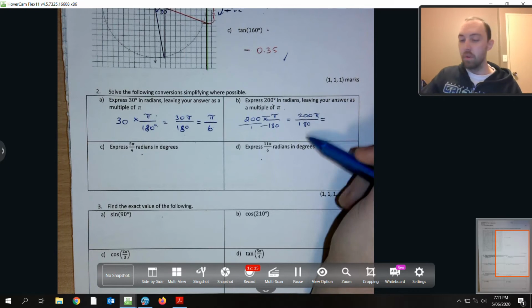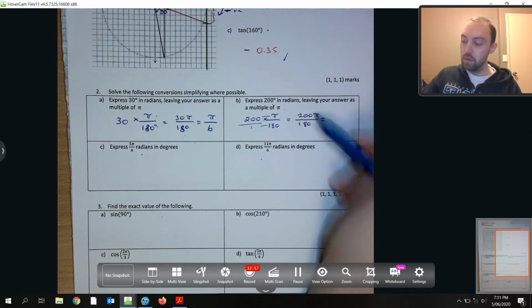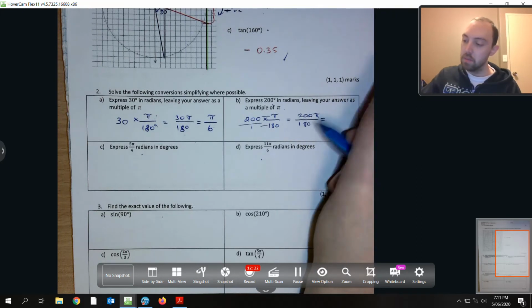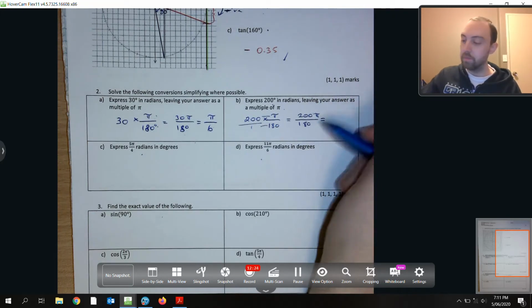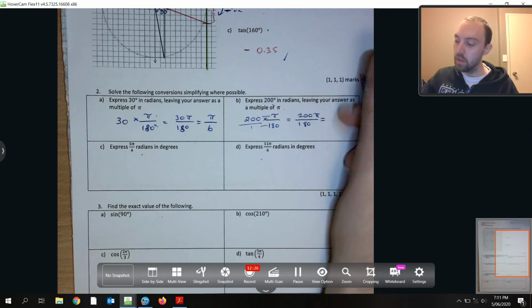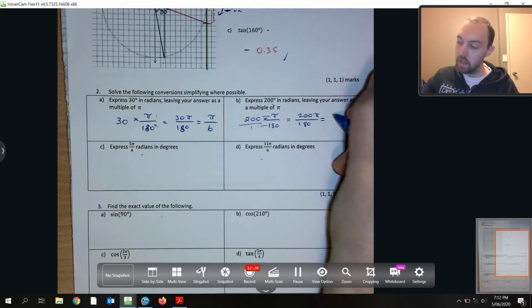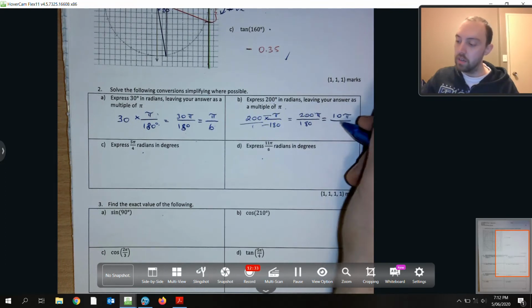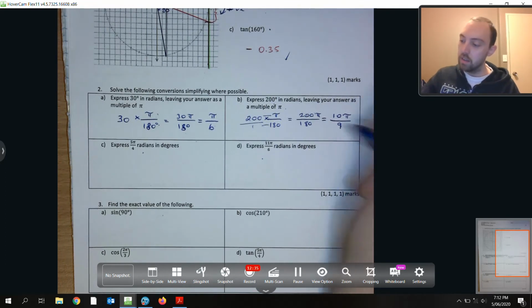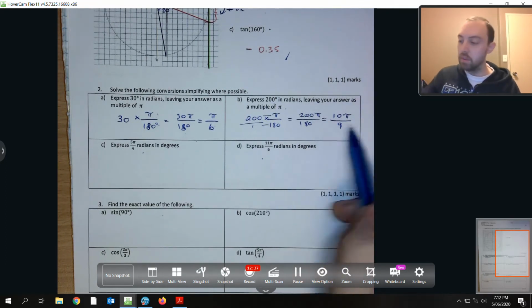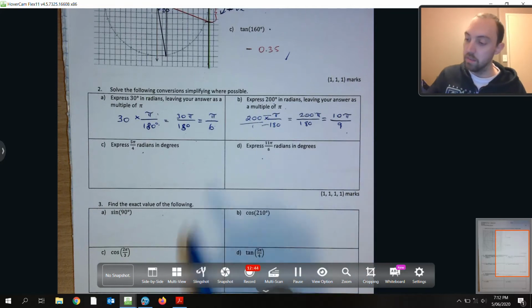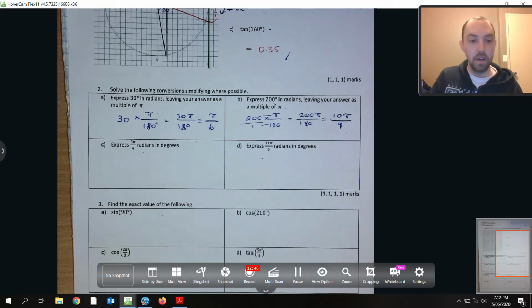What is the common factor between 200 and 180? 20 seems pretty good to me, but you might start with the zeros. 200 divided by 20 is 10 pi. 180 divided by 20 is 9. You could do that in more steps, as I said, but that's about as simple. That's the simplified fraction that we could get.